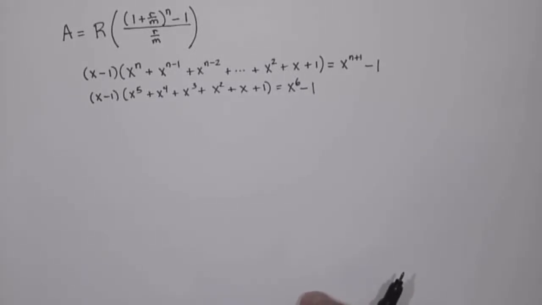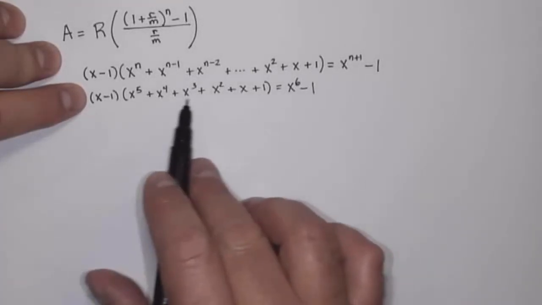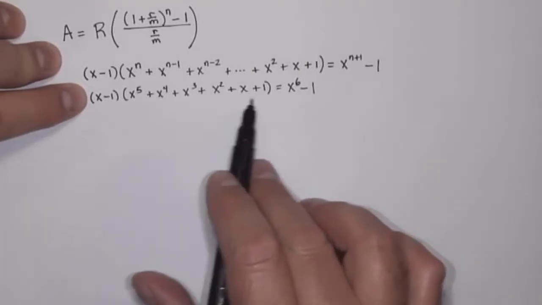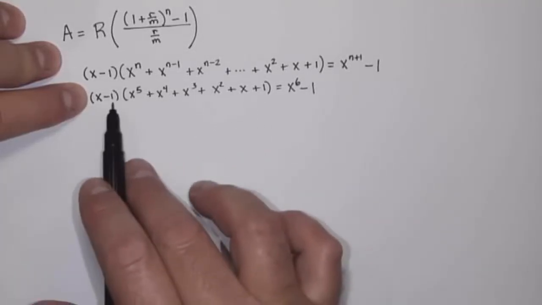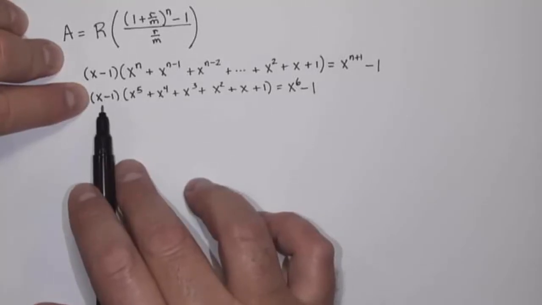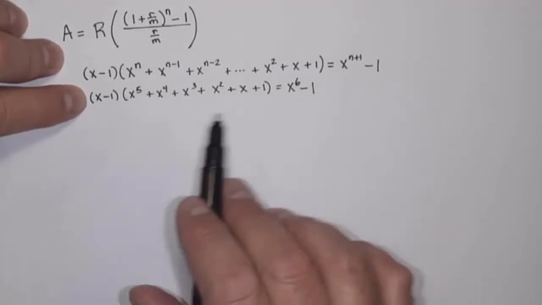Now just to verify that, let's actually multiply this out. To multiply this out, we have to multiply each term inside the parentheses by x, and then we have to multiply each term inside the parentheses by minus 1. Now we haven't worked a lot on algebra in this course, but just to explain what's happening here.